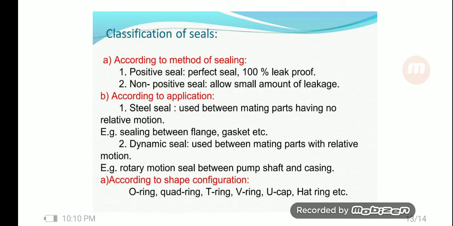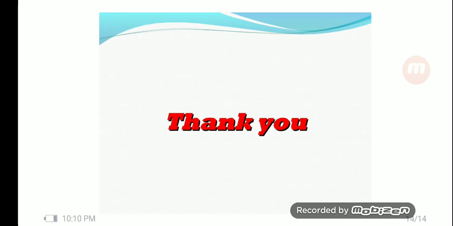Example: rotary motion seal between pump shaft and casing. The last is according to the shape of configuration. There are various shapes like O-ring, quad ring, T-ring, V-ring, U-cup, hat ring, etc. Thank you.